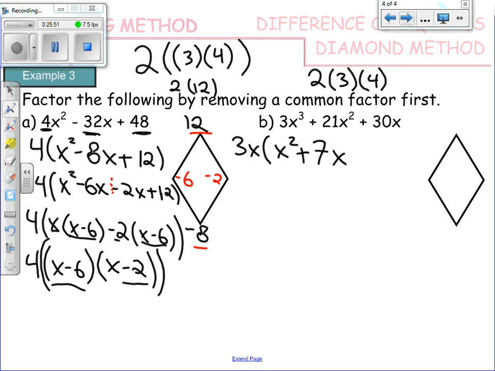So I took out an x. So the x cubed became x squared. The x squared became x to the power 1. And that x to the power 1 went away.